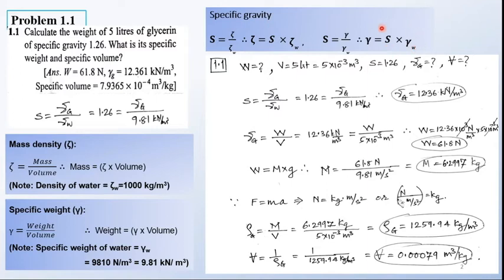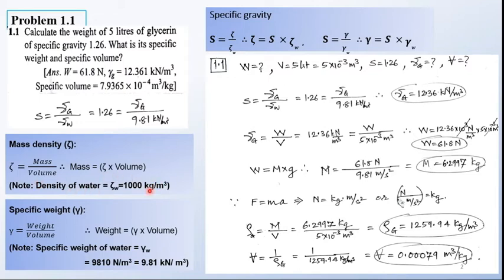Again, this is also a very often used equation one has to remember. Now, density is equal to mass divided by volume. So from this equation, if you want to find mass knowing the volume, simply mass is equal to volume multiplied by density.